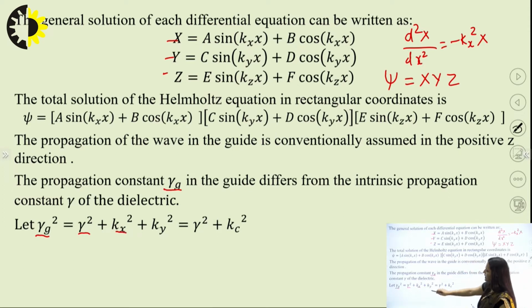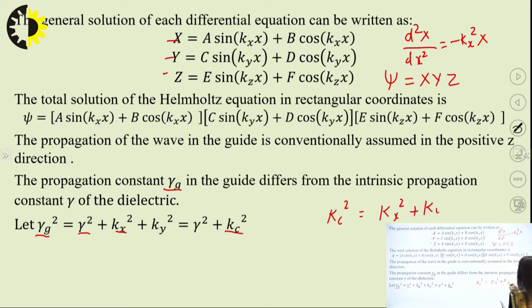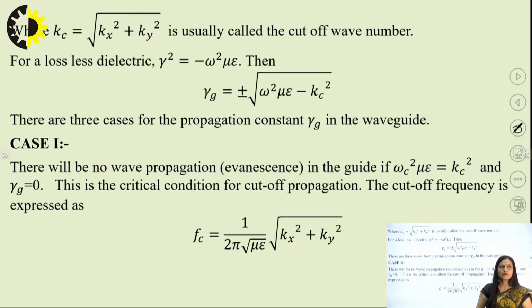Combining kx and ky, I can write kc square is equal to kx square plus ky square, and it is called a wave number, right? So kc is equal to the square root of kx square plus ky square, and it is usually called the cutoff wave number.